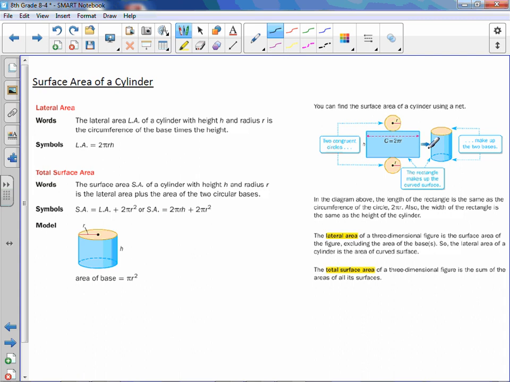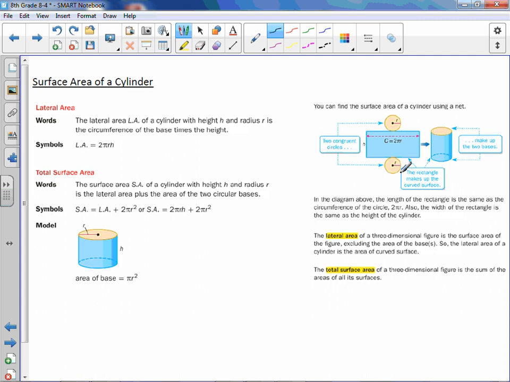So essentially what we have to do to find our lateral area, we're finding just the area of this piece, which when you unwrap this cylinder, the net shows a rectangle. That's your lateral area. To find the total surface area, we take our lateral area plus the two bases. The bases are just circles.